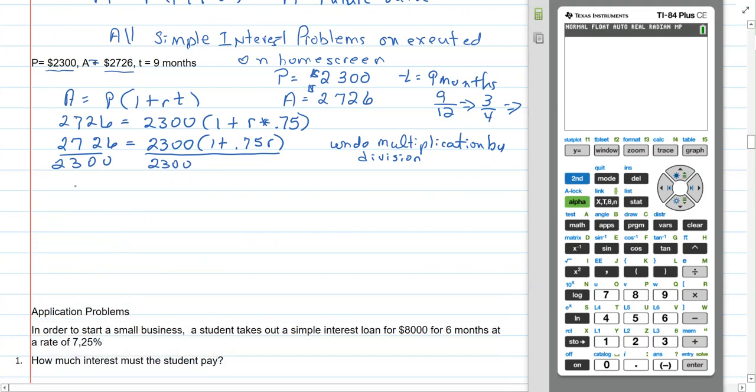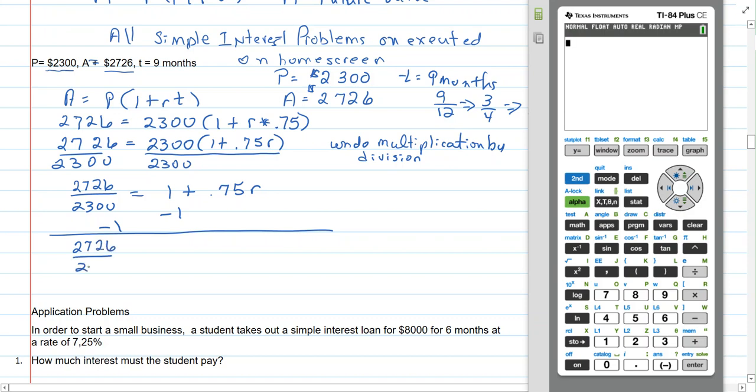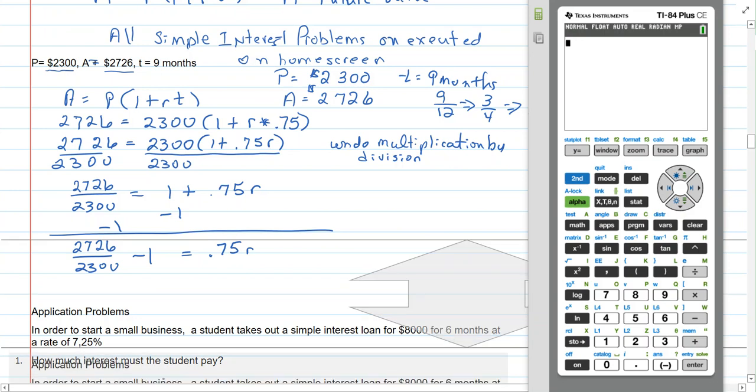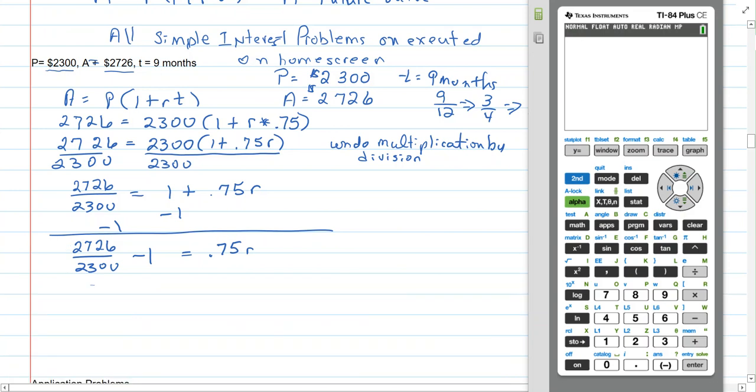When we do that, we end up with 2726 over that 2,300, equivalent to 1 plus 0.75R. So we're going to subtract the 1 from both sides, so that gives me 2726 divided by 2,300 minus 1 equal to 0.75R.